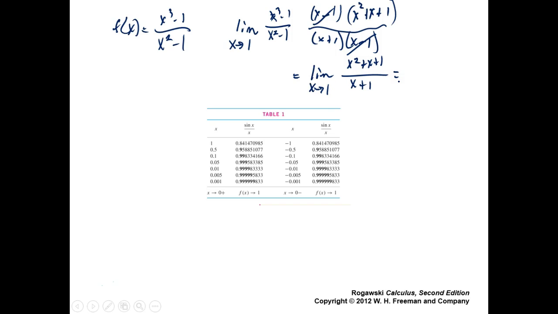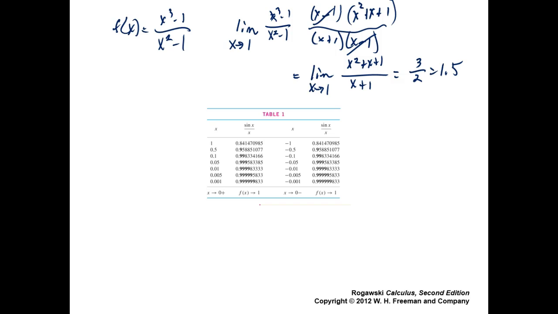What would that be? Let's try plugging that one in. 3 on the top. There's your limit. You could leave it 3 halves.